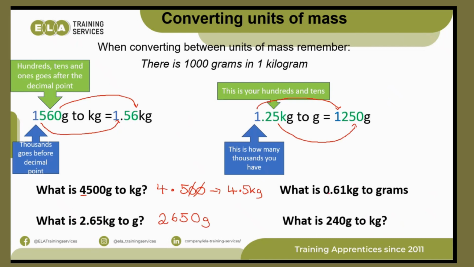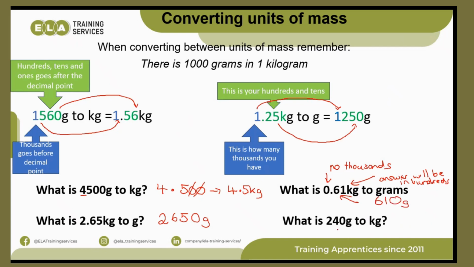So we've got, what is 0.61 kilograms to grams? We've got no thousands, so our answer is going to be in the hundreds. So it's going to be 610 grams.